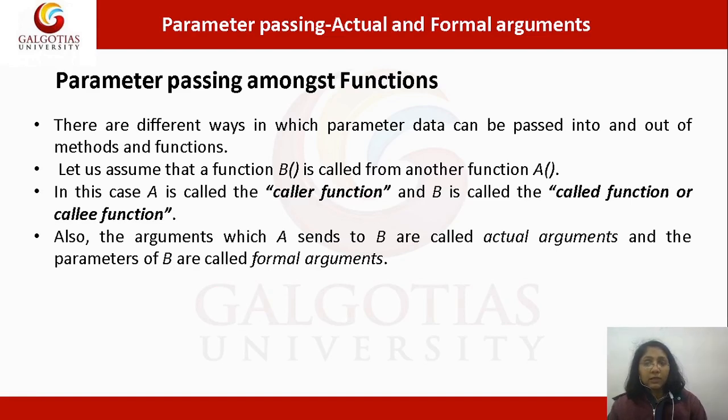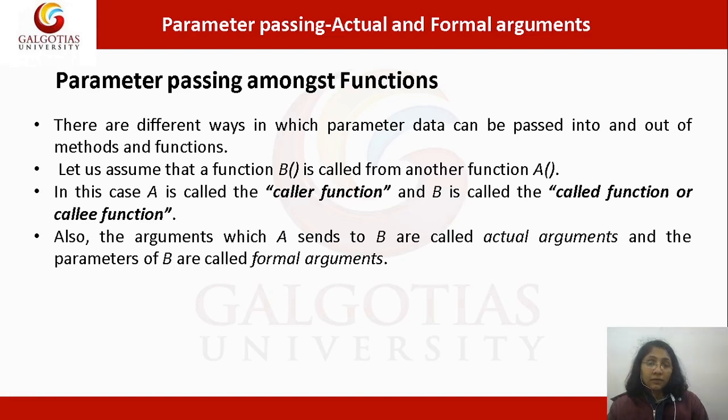Let us assume that a function B is called from another function A. It means A is calling the function B. In this case, A will be termed as the caller function and B is called the called function or callee function. Also, the arguments which A sends to B are called the actual arguments and the parameters of B are called the formal arguments.